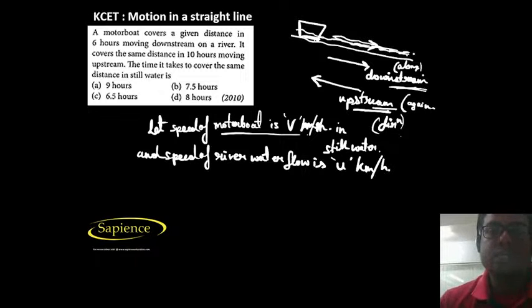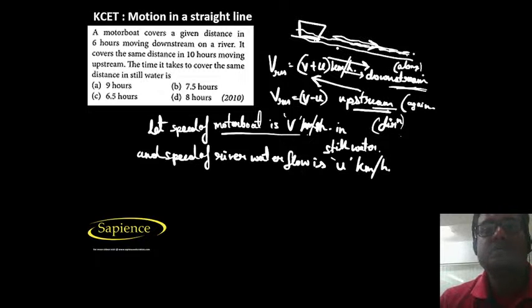Therefore, while the boat is going downstream, it will go along the flow. It means that v plus u kilometer per hour will be the resultant speed of the boat. And while it is going upstream, the resultant speed will be v minus u, since the speed of the boat will decrease as it is going against the flow.